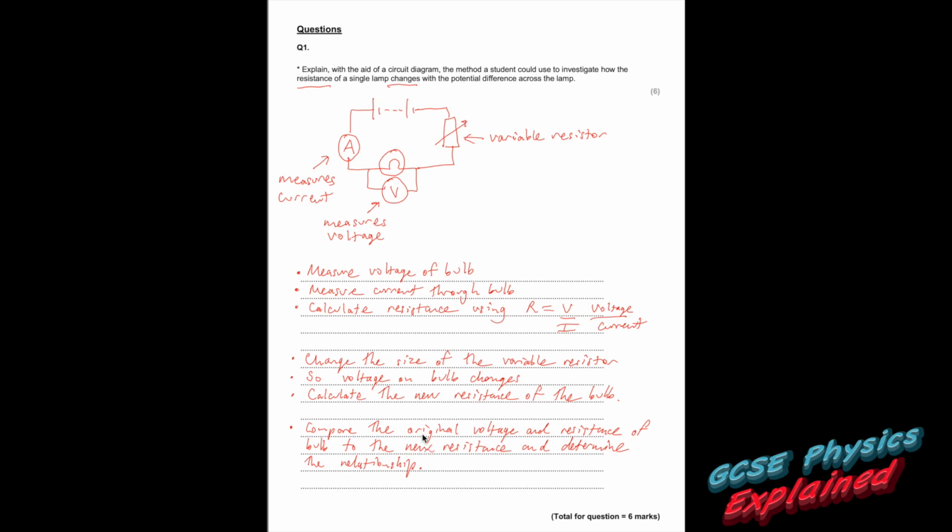So you want to compare the original voltage and resistance of the bulb to the new resistance and determine the relationship. For example, if at first you make the variable resistor small, that means that the voltage on the bulb will be big.